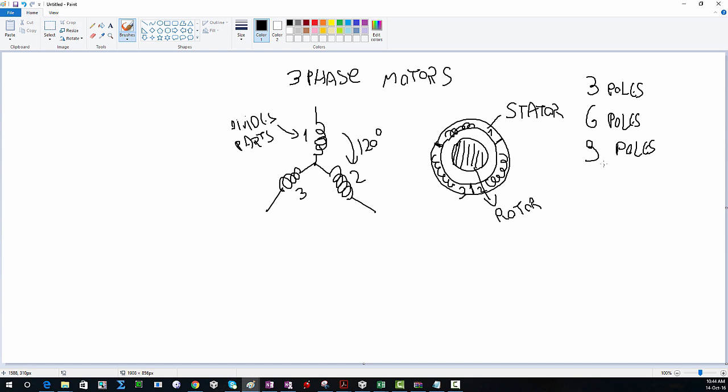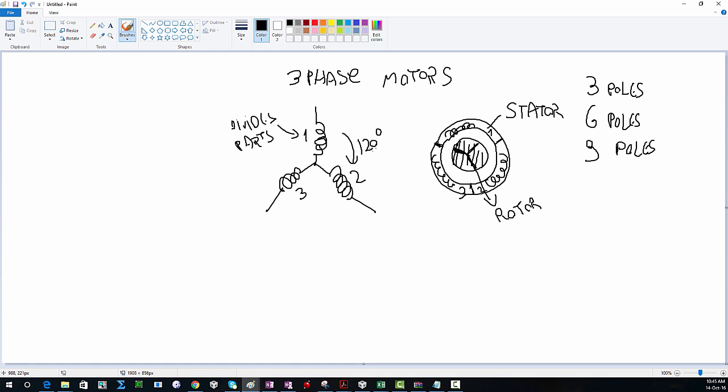And if we are talking about 9 poles, so each of the coils will be divided into 3 parts. So if it is 9 poles, instead of 3 parts, we will have 9 parts. And also the magnet, or let's say the rotor, will be divided depending on the number of poles. So if we have 3 poles, the magnet will be divided into 3, and if we have 6, the rotor will also be divided into 6.